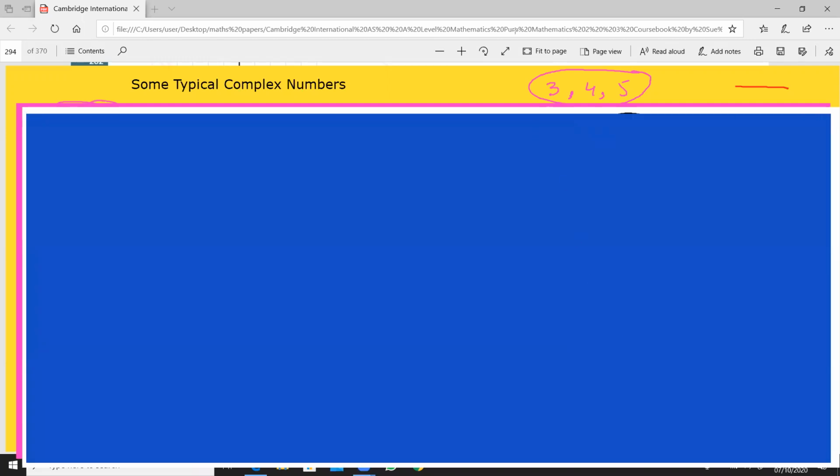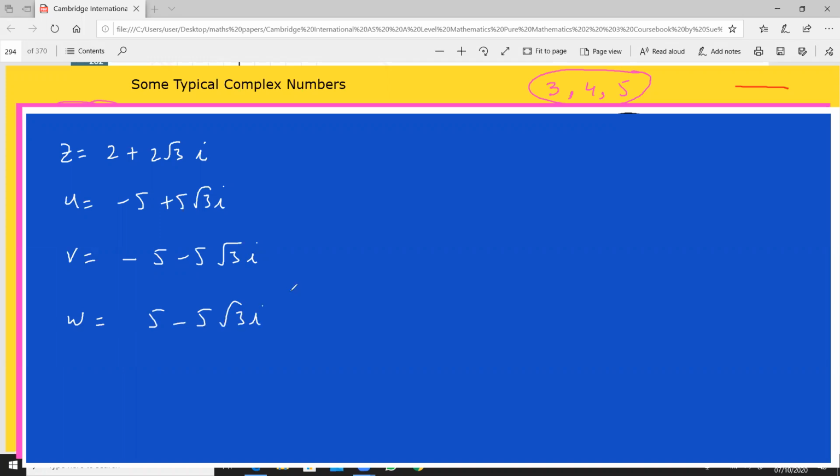Okay, now imagine instead of this, you have something like, let's say your z is 2 plus 2 under root 3 iota, or your u is minus 5 plus 5 under root 3 iota, or your v is minus 5 minus 5 under root 3 iota, and then your w is 5 minus 5 under root 3 iota.